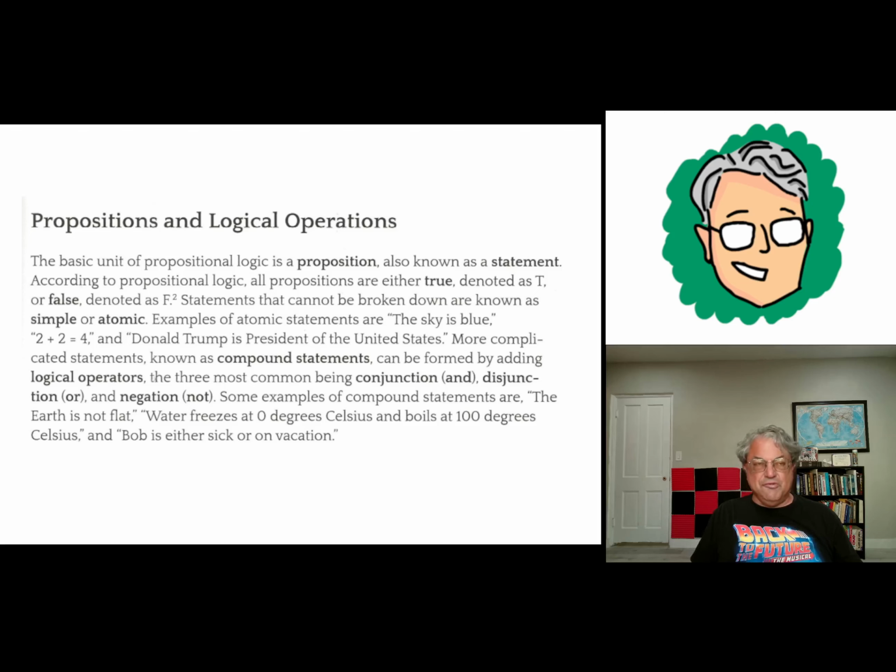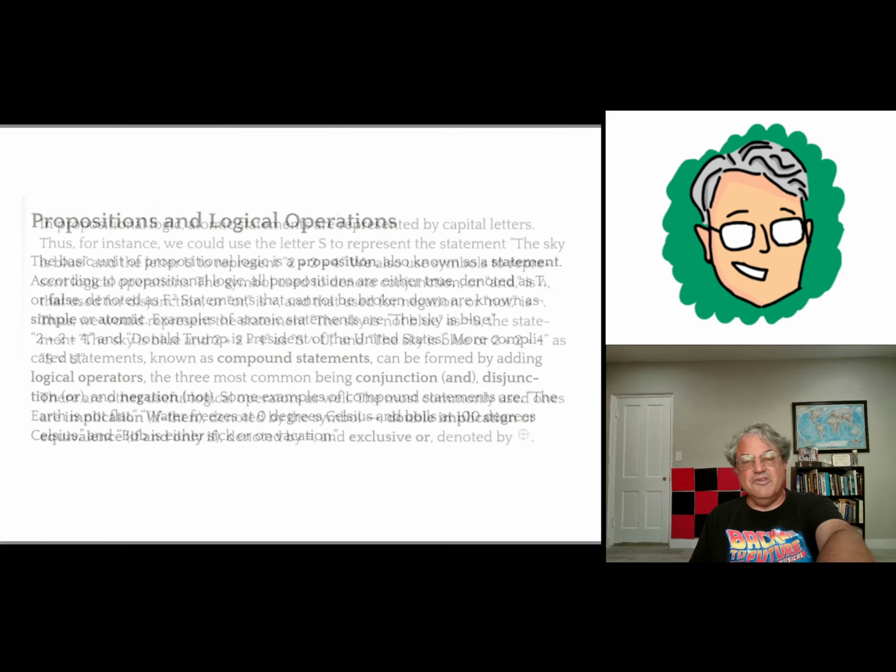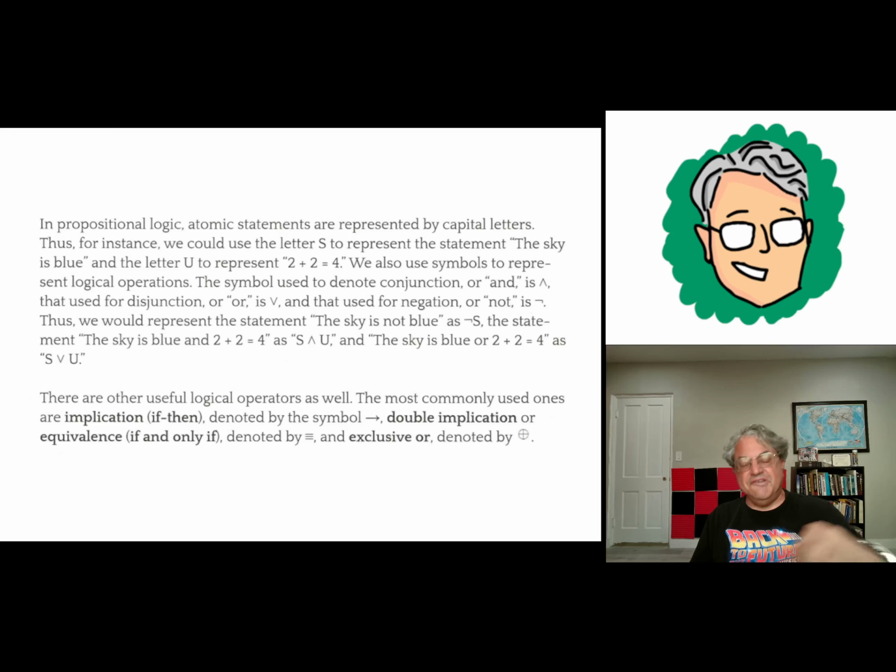You can come up with other ones, and there are a lot of other ones that are commonly used. There's also this arrow symbol, which is implication, if then. So for example, if it rains today, I won't go outside.